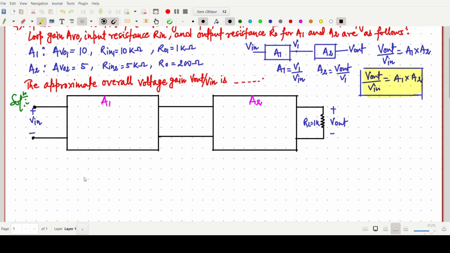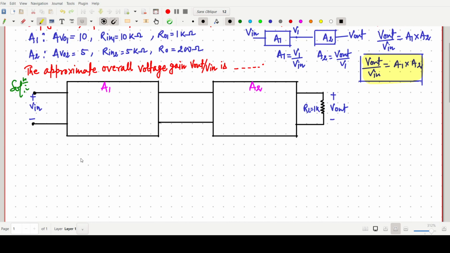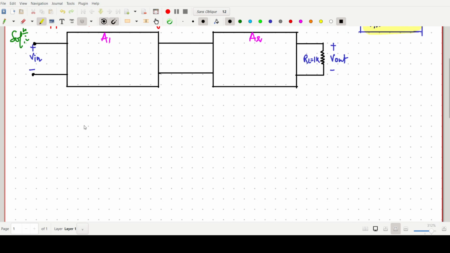For A1, I am just making the circuit first. A voltage amplifier will look like this: this one is considered as R in, with plus and minus V in.